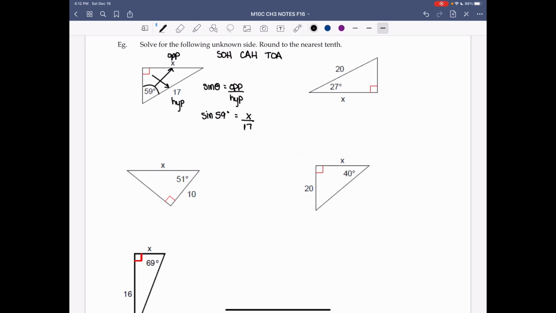Then to solve this, we can put a 1 under sine 59 to make it a fraction. Just going to put brackets around this angle. Then we have two equivalent ratios and one unknown, which means we can cross multiply and divide to figure out our answer. You always multiply the diagonal numbers first and then divide by whatever's left over.